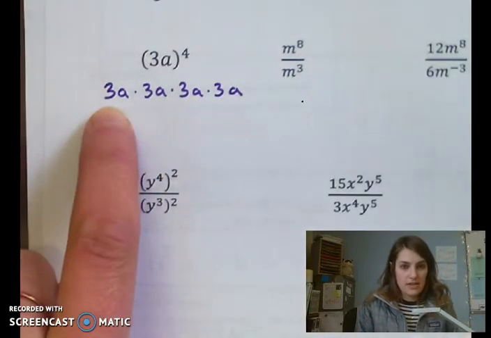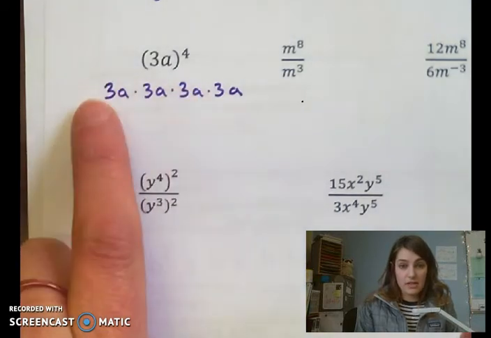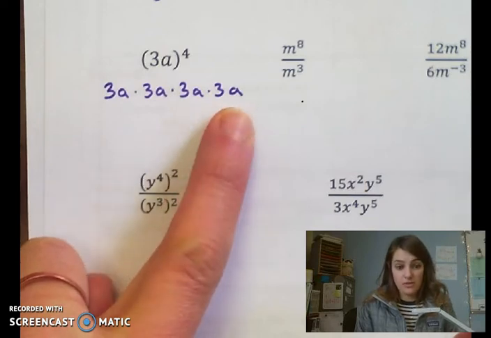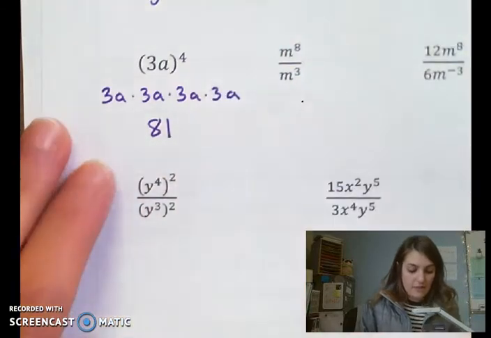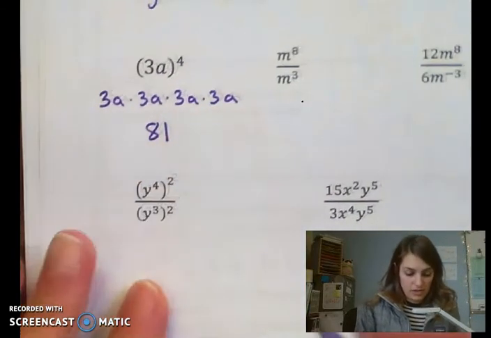And these 3's are just plain old numbers, they're not exponents. So it's 3 times 3, which is 9, times 3, which is 27, times 3, which is 81. So we have 81, and then we have a times a times a times a, which is a to the 4th.